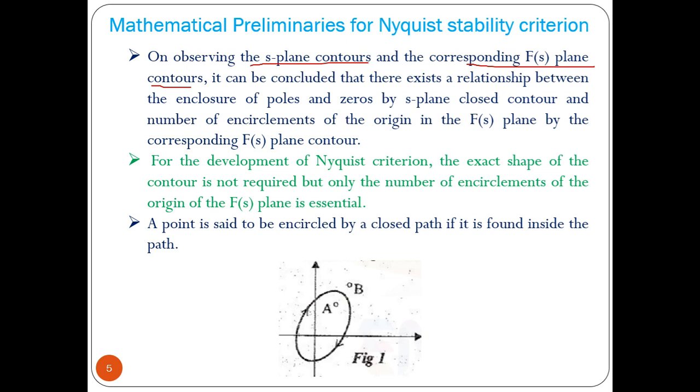exists a relationship between the enclosure of poles and zeros by the S plane contour and the number of encirclements.